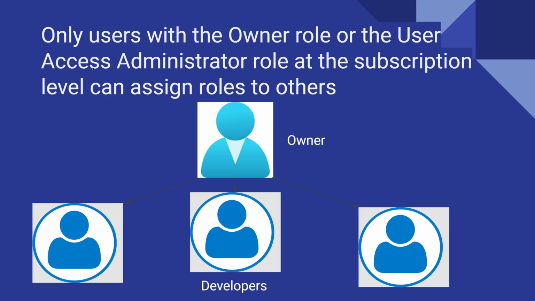So the owner and the user access administrator role, these are the two roles that allow them to give roles to other people. So these are super important about who you decide to give them to, because they practically have access over the entire subscription. So here we have this person who is the owner of the subscription.